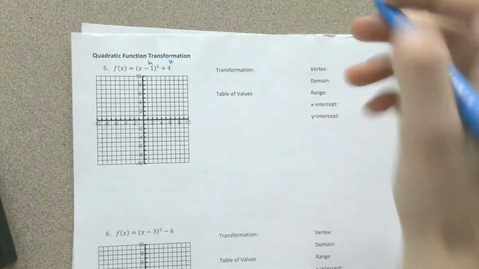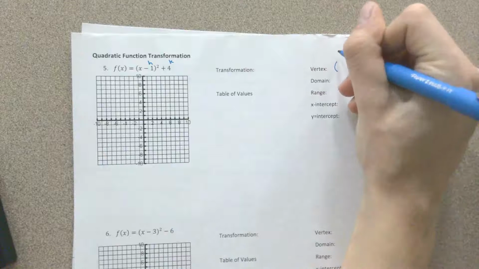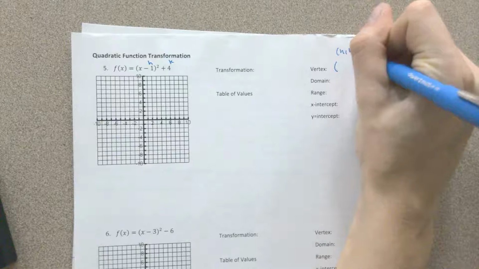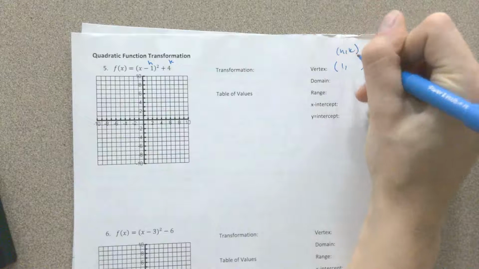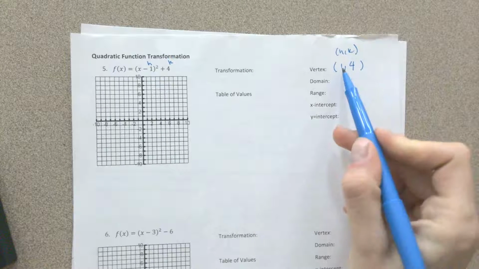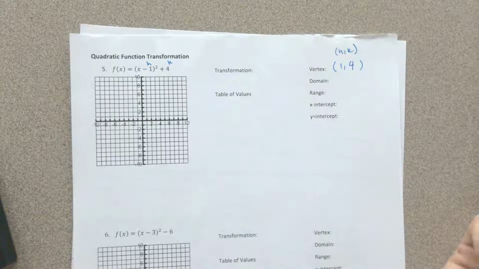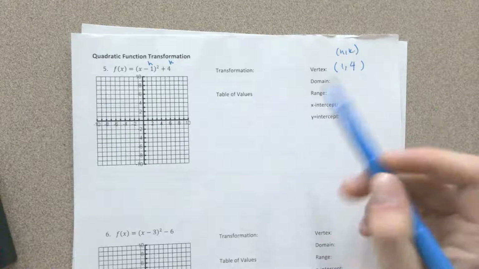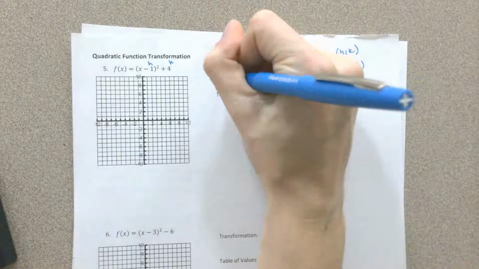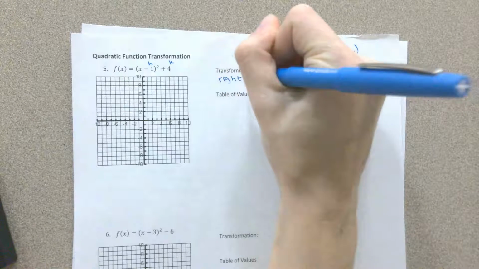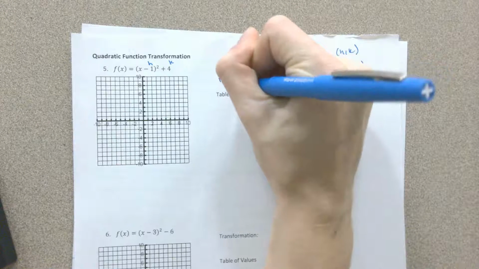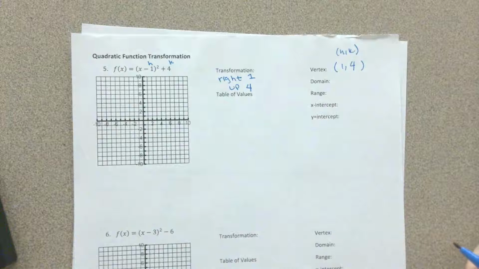So our vertex, right, is h comma k. And in this case, it's going to be 1 comma 4, right? H is always opposite. So we know our vertex. Our transformation is going to be right 1 unit and up 4 units.